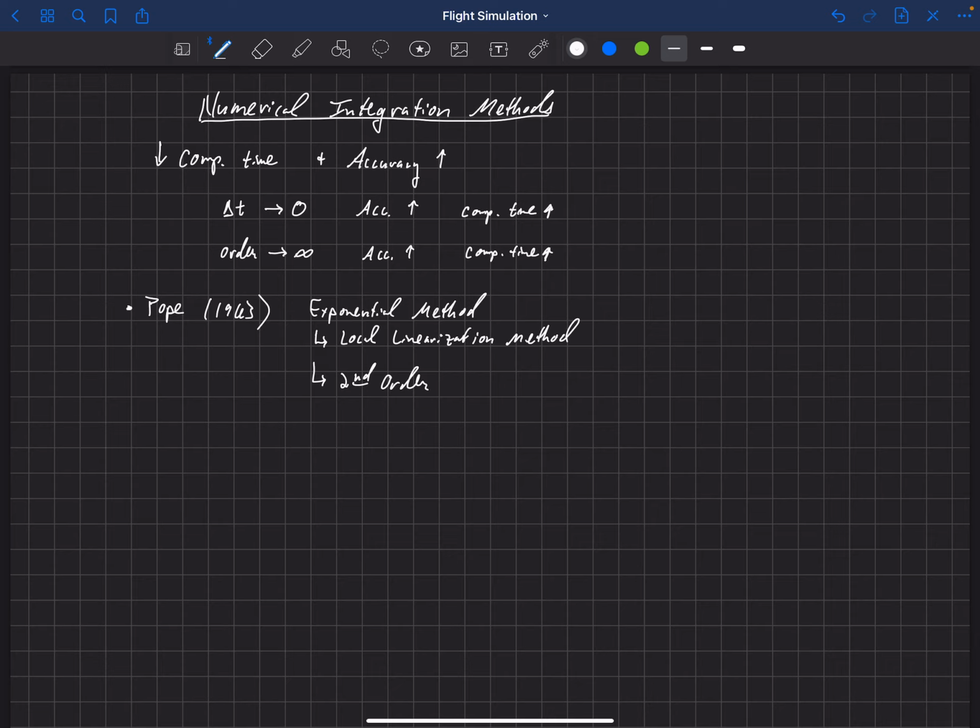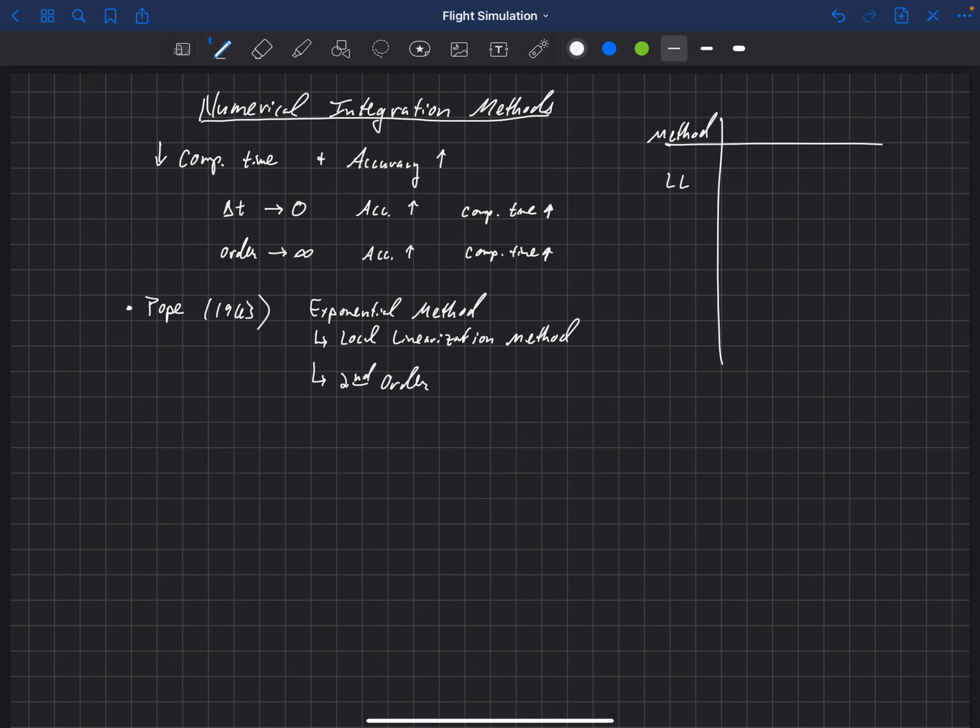But it only requires, we're going to make a table over here, so we're going to call it the local linearization method. It actually only requires one call to the differential equation per time step.